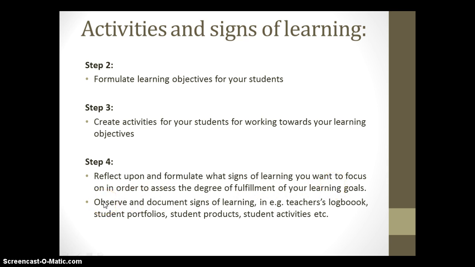Finally, you need to actually observe and document signs of learning. You could do that by using a teacher's logbook or student portfolios, student products, student activities. In student activities, you could actually observe how your students go about carrying out the activities.